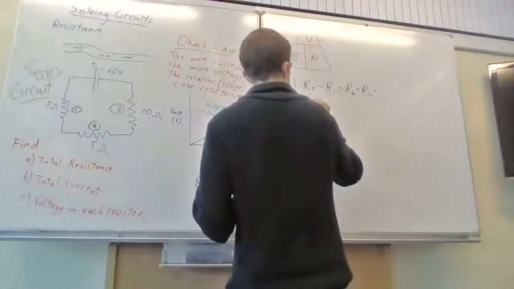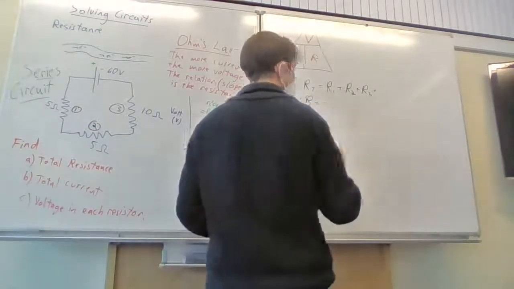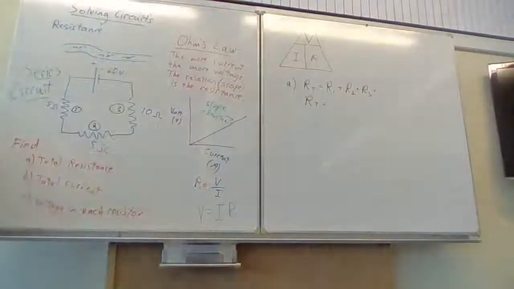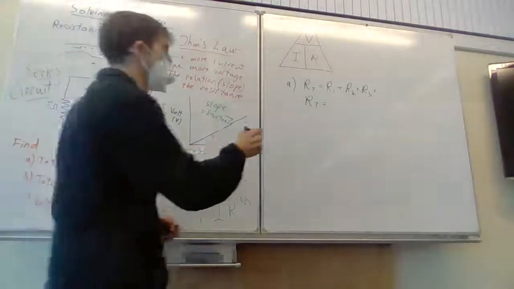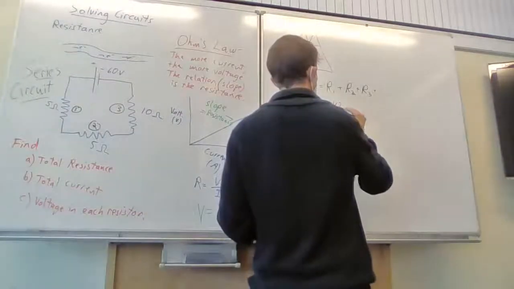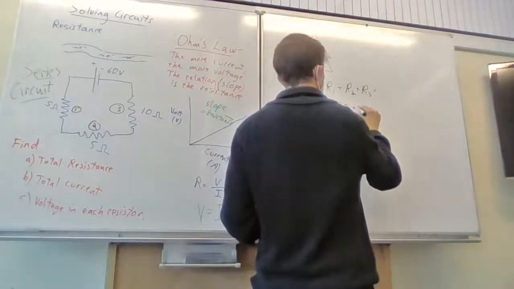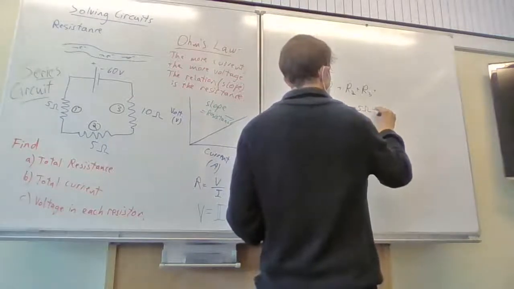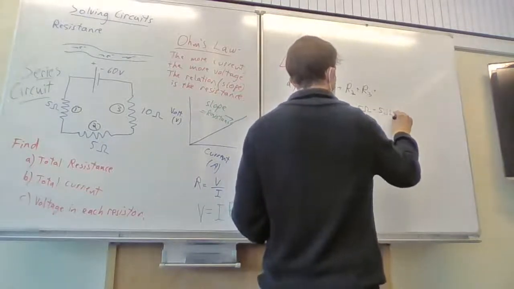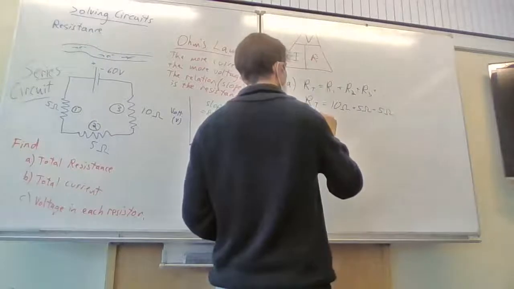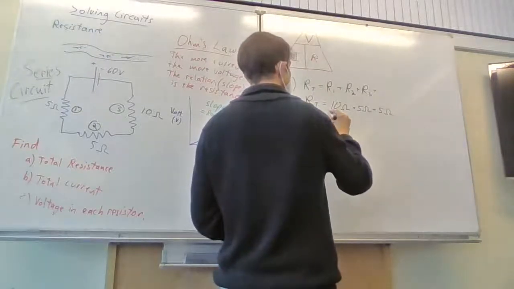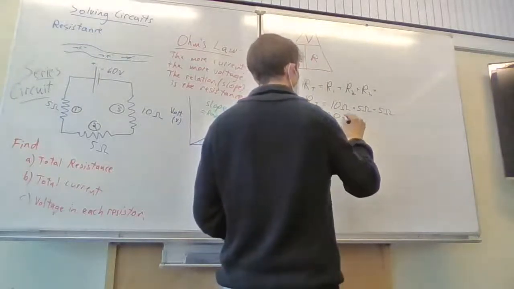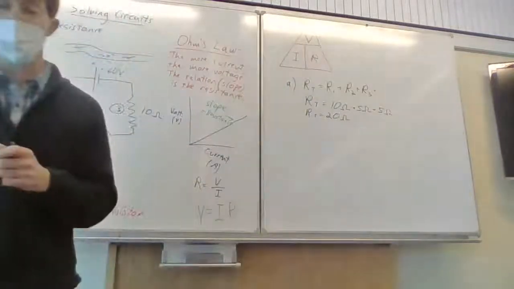Okay, so what numbers am I adding together here? Just so I know you're following. Leah, what am I adding together? 10, 5, and 5, so 20. Okay. 10 ohms plus 5 ohms, because we need labels, plus 5 ohms. And he's right. So the RT, the total resistance, is 20 ohms.